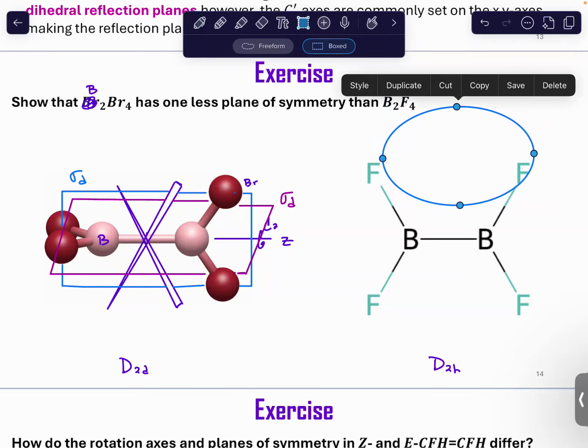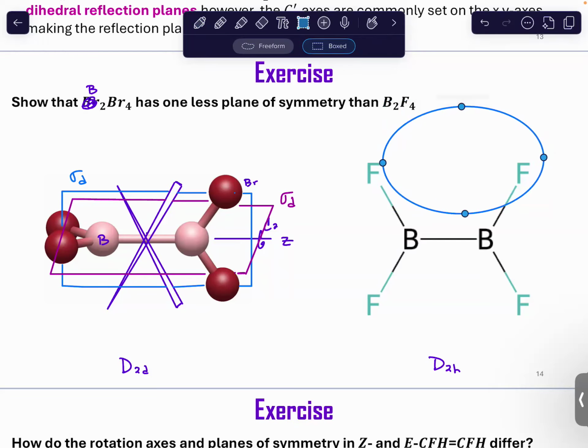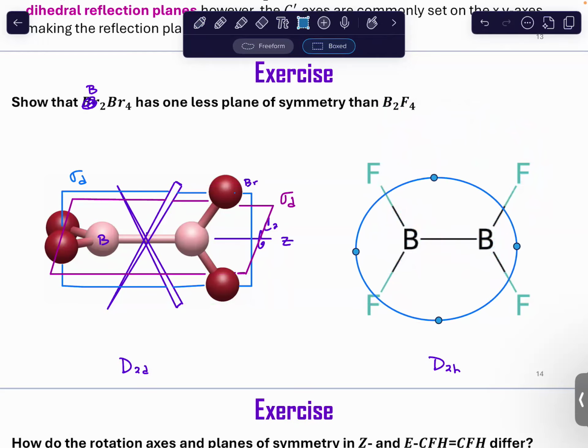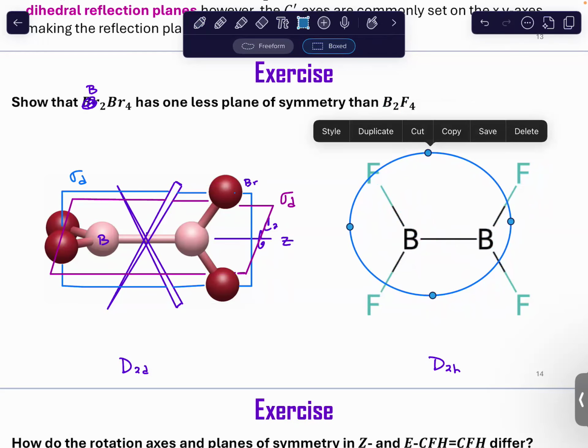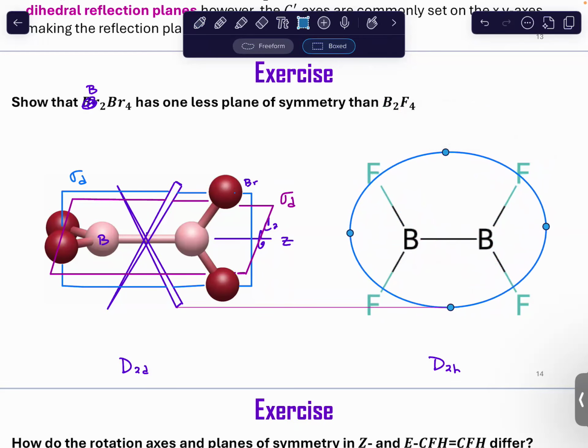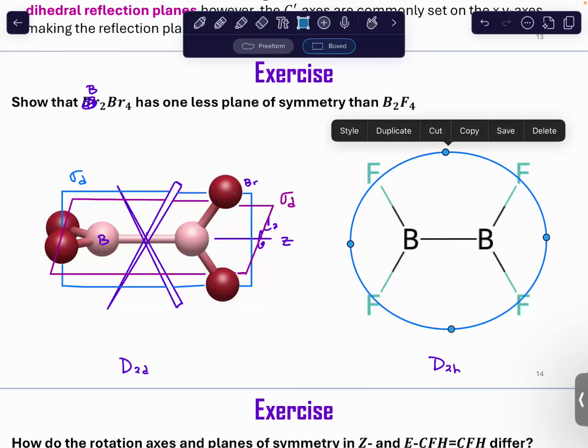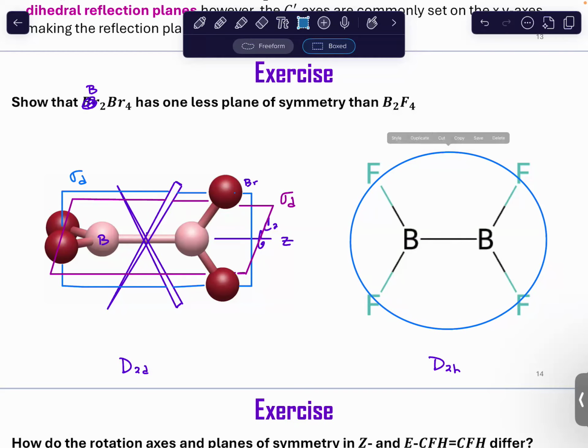Goodness. I need to talk about a plane being, so the molecule lying in the plane. That way it's just going to reflect forwards and backwards. Right. Okay, now I'm going to have one.